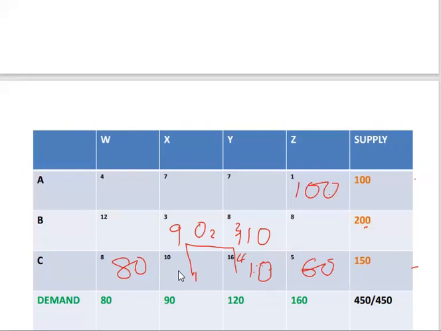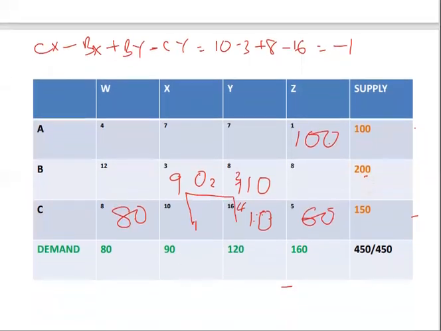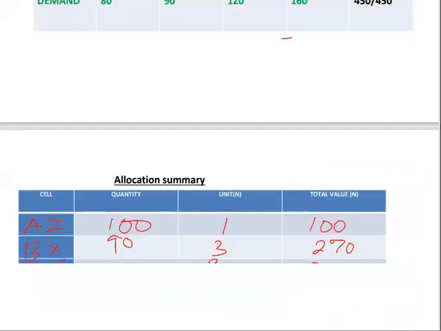That will be CX minus BX plus BY minus CY. That gives us 10 minus 3 plus 8 minus 16. What would that give us? That's 7 plus 8, that's 15 minus 16. That's -1. Yes, that's correct.